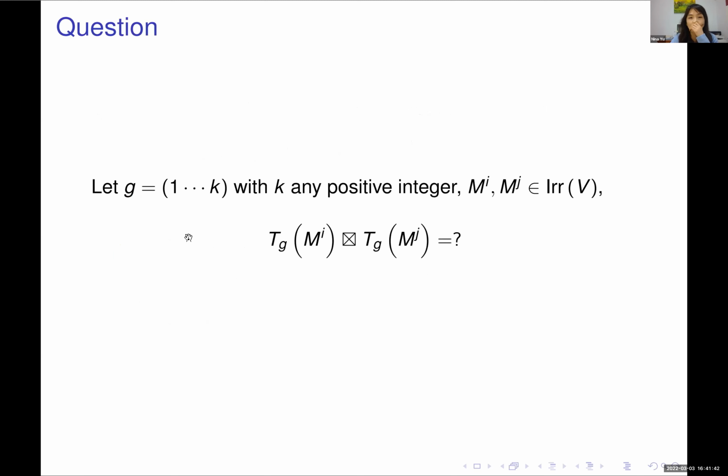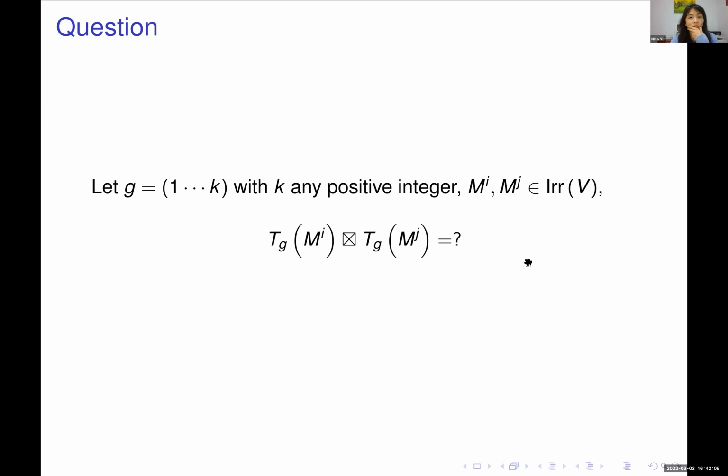For example, if we consider g to be any k-cycle and k is any positive number, then when you consider the tensor product of the g twisted module and the g twisted module, in general we know that this should equal some g² twisted module. But what if this g² can be written as a product of disjoint cycles?